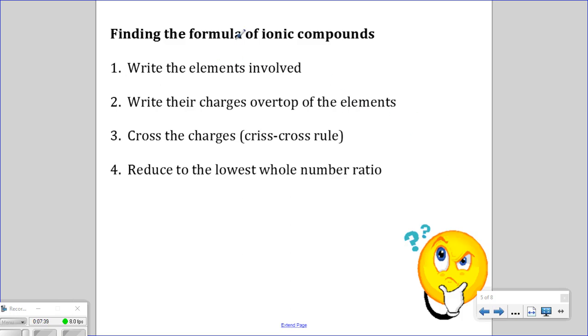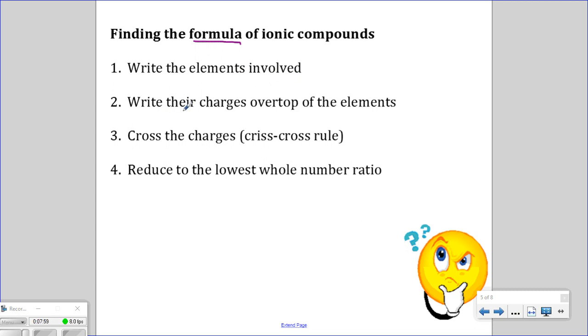So we can also use the name of our ionic compound to find the formula of the ionic compound. And here there are several steps involved. So we write the elements that are involved. We write the symbol for the elements that are involved.